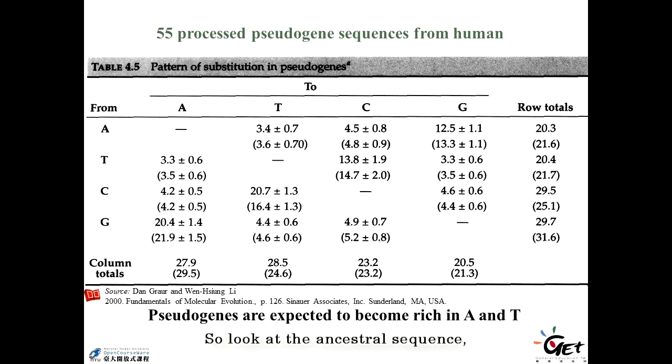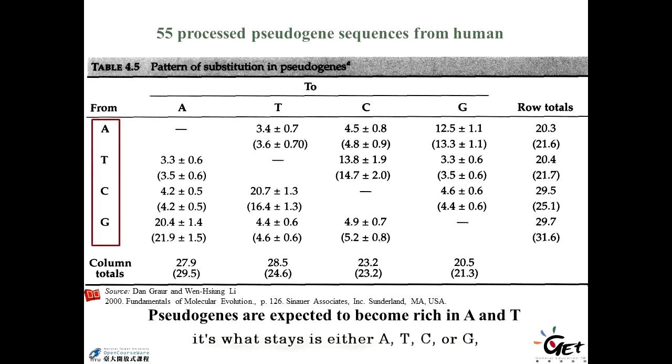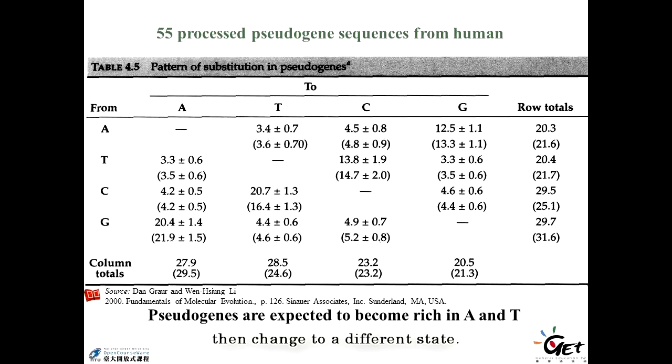So it looks at the ancestral sequence. It's what state, either A, T, G, or C, then changes to a different state. So that's the pattern of the substitution. And we can compare the differences showing in this position. And you can also know the proportion of each site.